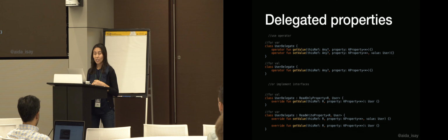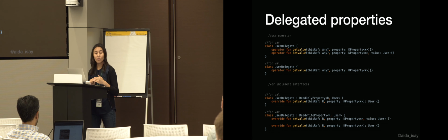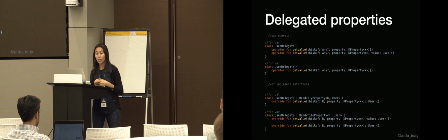And also, basically any object that has getValue and setValue with the operator keyword, as shown above, can be used as a delegated property as long as you have proper references to the property. And if you want to make an immutable one, like val, for instance, you have to have at least getValue. You don't need to have setValue for that.